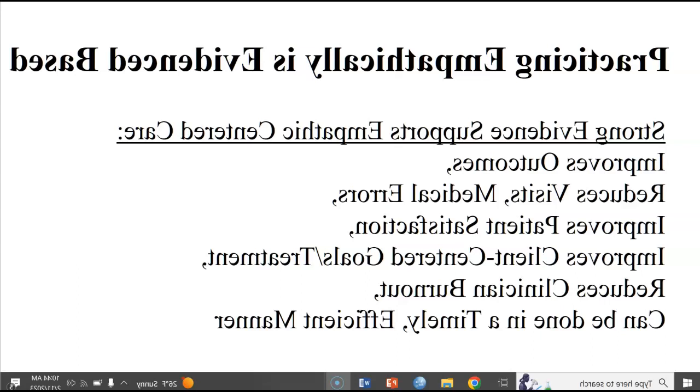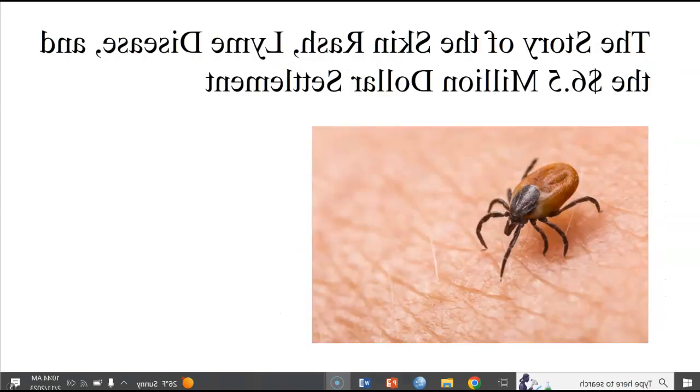It improves outcomes, reduces visits, reduces medical errors. This is very much around our need for productivity and reimbursement. It improves patient satisfaction, is more client-centered, and reduces clinician burnout. It can be done in a timely, efficient manner. Not only does it reduce visits and errors, which is time and money, but it can be done quickly. Studies have shown this very quickly, actually.